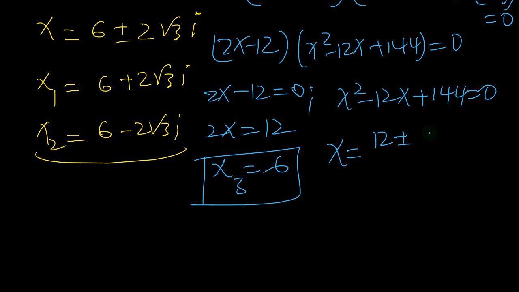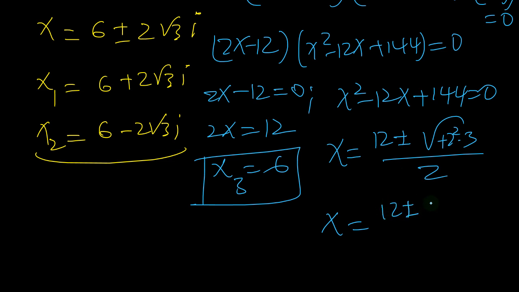We are going to have the square root of 12 squared times 3, negative, so divided by 2, x is going to be 12 plus or minus 12 square root of 3i divided by 2.